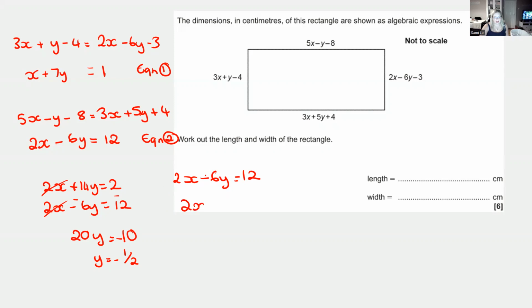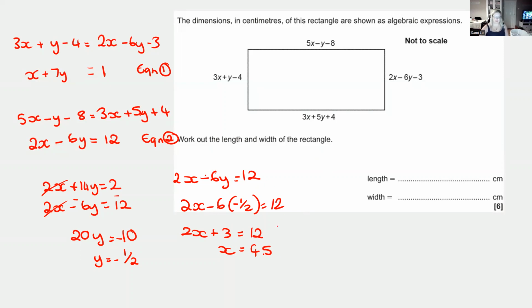So I've got 2x minus 6, and that's minus a half equals 12. So here we got minus the minus gives us a plus, and half of 6 is 3. So 2x plus 3 equals 12, which means that has to be 9 left over, so x should be 4.5.